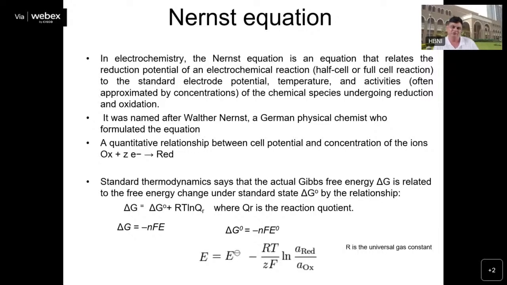For evaluation of this Nernst equation, standard thermodynamics has been used, that is delta G is equal to delta G naught plus RT ln Q, where Q is the reaction quotient.